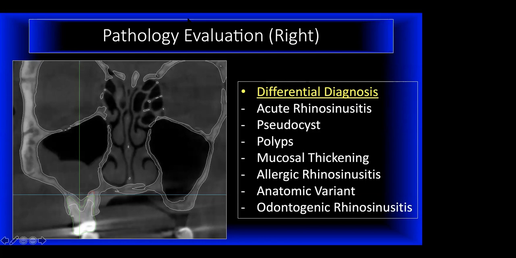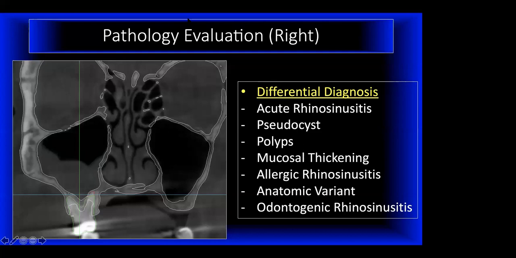Allergic rhinosinusitis, could it be an allergy? Well, if it is an allergy, then you're looking more towards a systemic situation, and then I would say that you would most likely see it on both sides. We only see it on one side, so that takes allergic rhinosinusitis out of the top picks for the differential diagnosis.